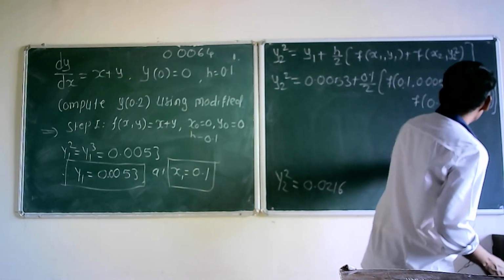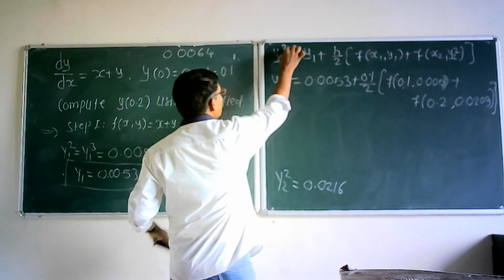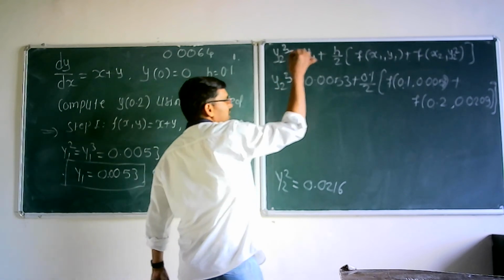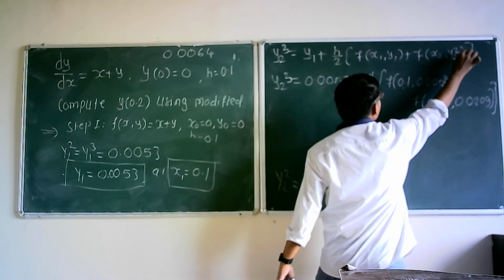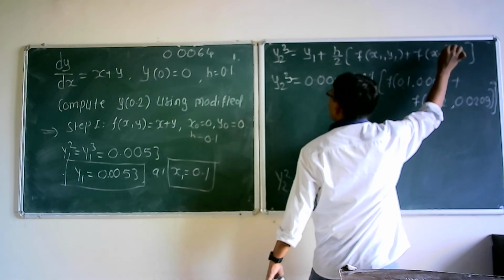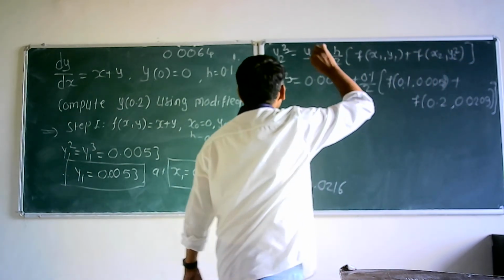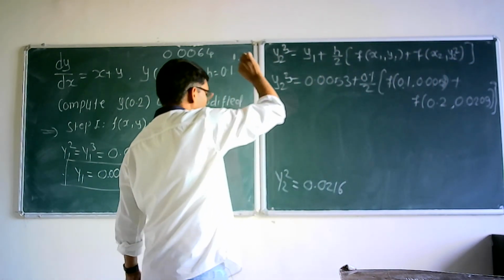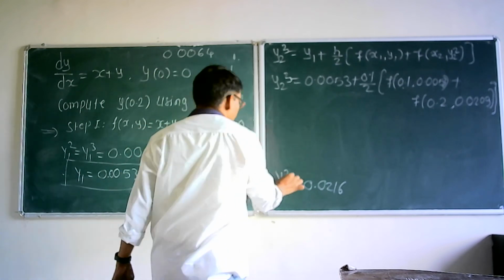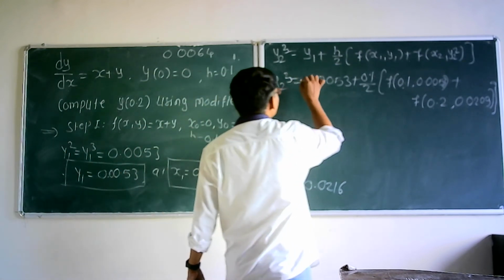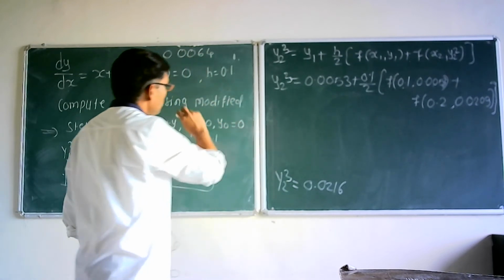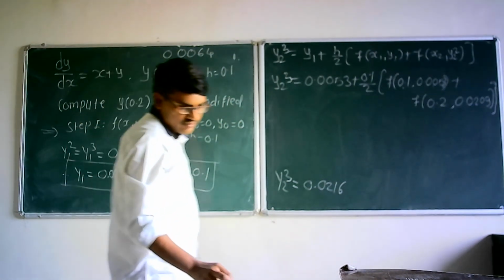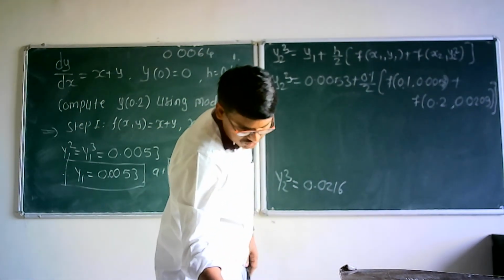So what is y23? Look at where we have to change it: this is what we call y23, and the change happens here. y21, y22 and y23. Next we are going to determine y23.